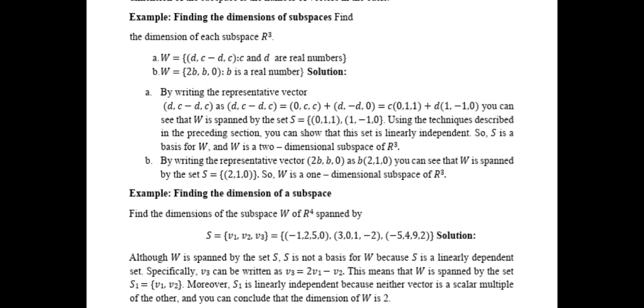Solution: Although W is spanned by the set S, S is not a basis for W because S is a linearly dependent set. Specifically, v3 can be written as v3 = 2v1 - v2. This means that W is spanned by the set of the other two vectors, and you can conclude that the dimension of W is 2.